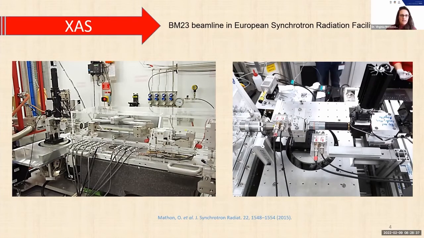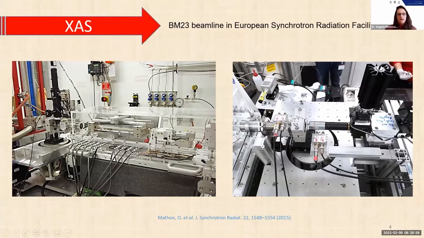Here in the image on the left, you see that to carry out high pressure experiments at BM23, we use this micro-XAS station. This micro-XAS station is formed by two KB mirrors to focus the beam vertically and horizontally.